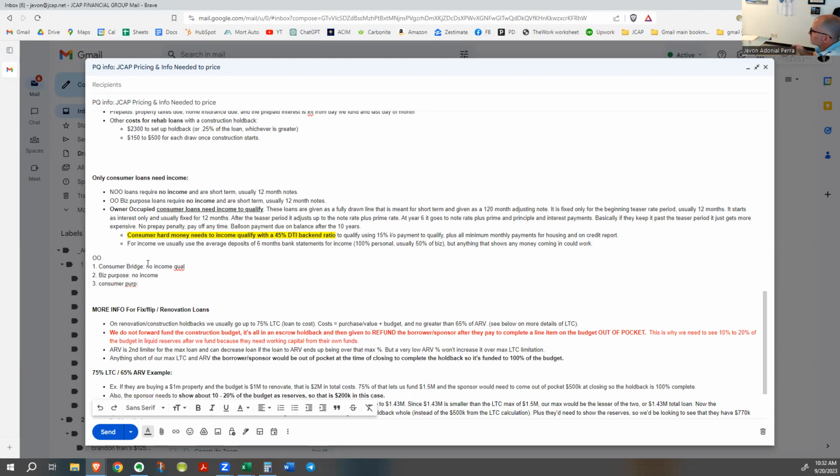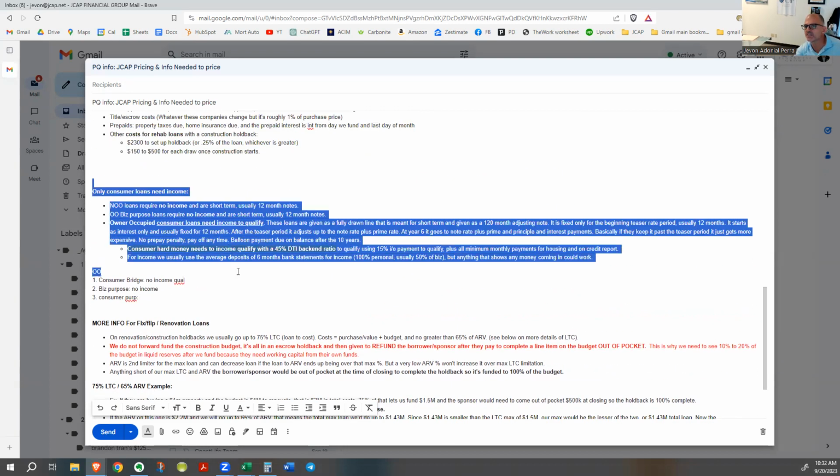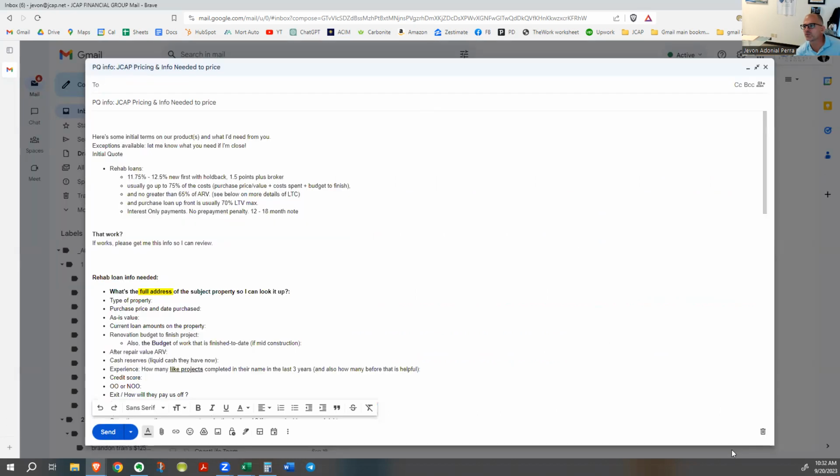If we can't show that it's business, then it's consumer purpose. And if it's an owner-occupied residence consumer purpose loan, then we have to income qualify them, just because those are loan rules. There's this thing called the ability to repay, ATR. And if that's the case, then that's where this thing comes in. Only consumer loans.